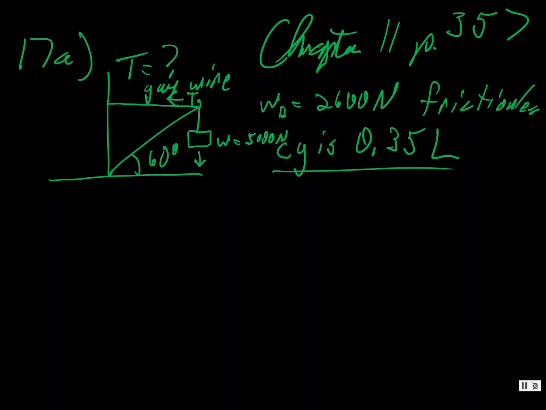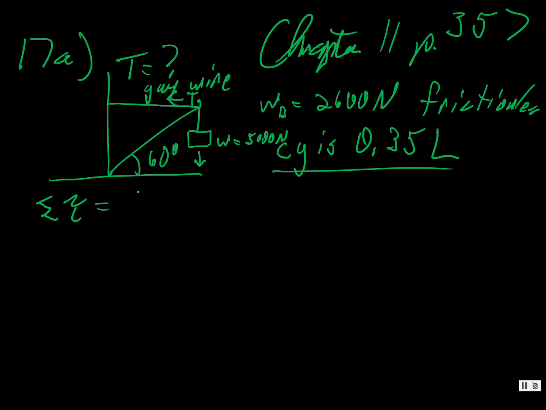Remember, this chapter deals with equilibrium. So what we have to do is determine, are we at equilibrium? Is anything rotating? Is anything accelerating? Okay. So how do we write that? Well, nothing is rotating.